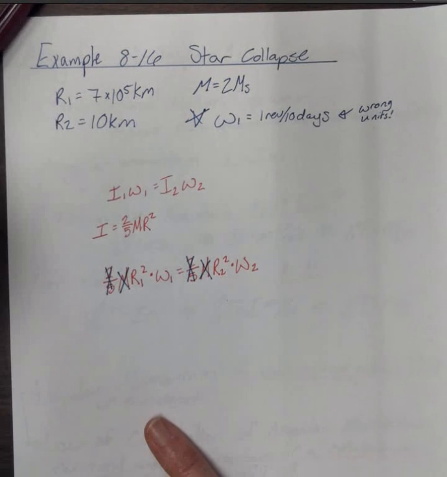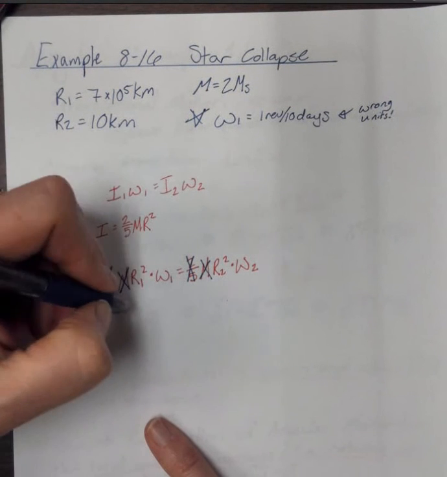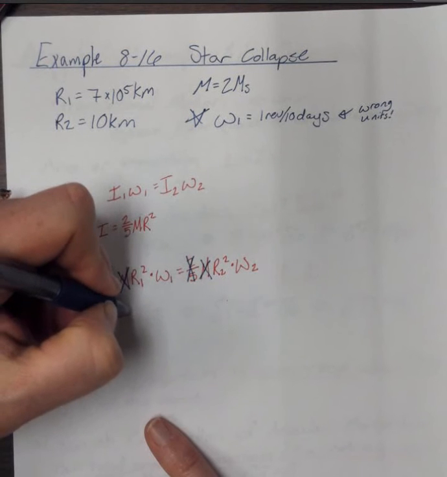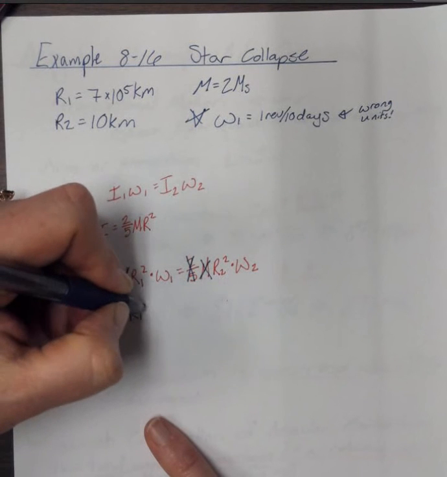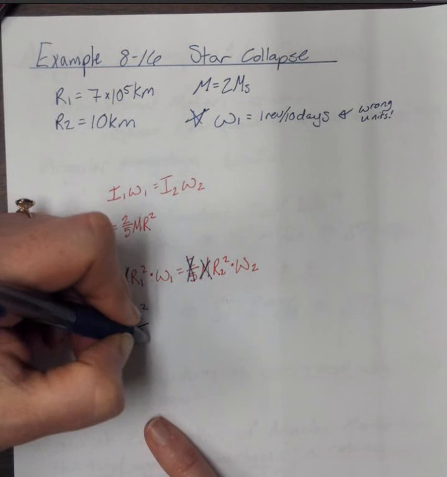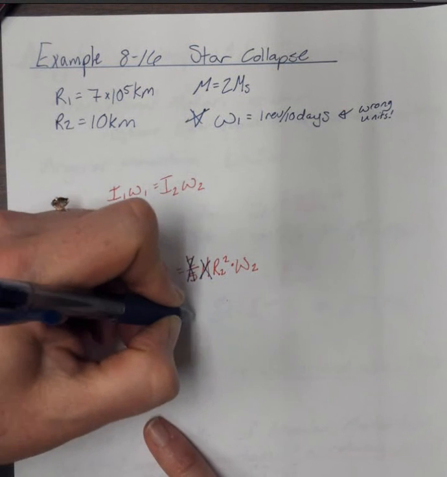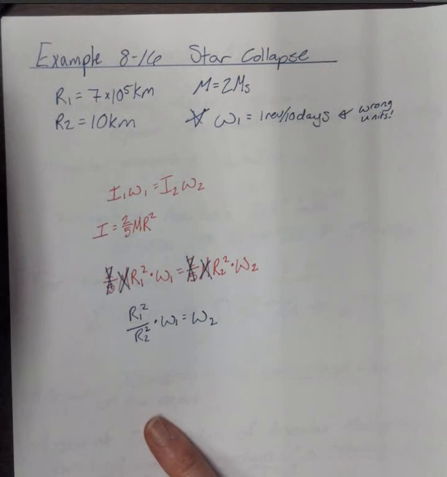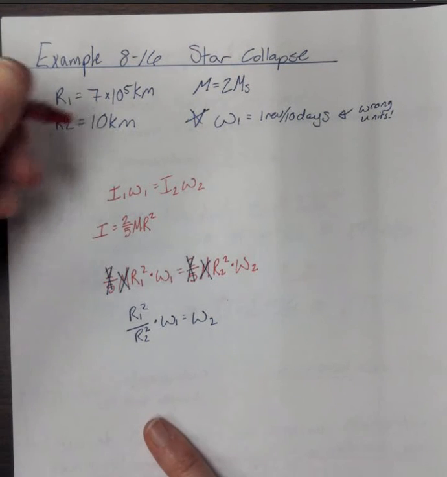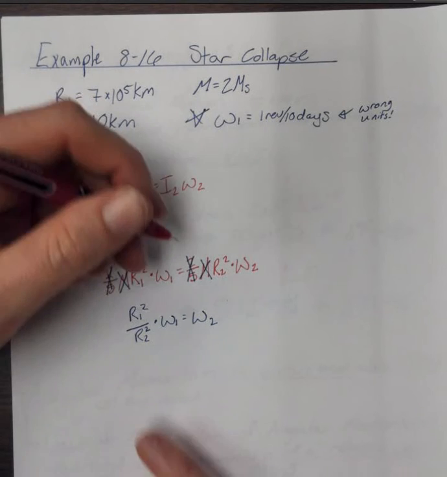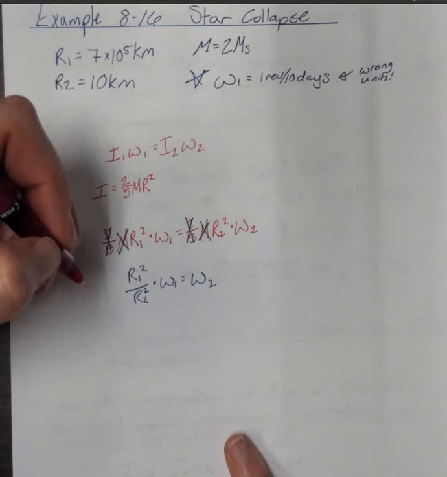So now I get the relationship of R1 squared over R2 squared times omega 1 will give me omega 2. And I didn't replace these with linear values because I have rotational values. So go ahead and plug that in.